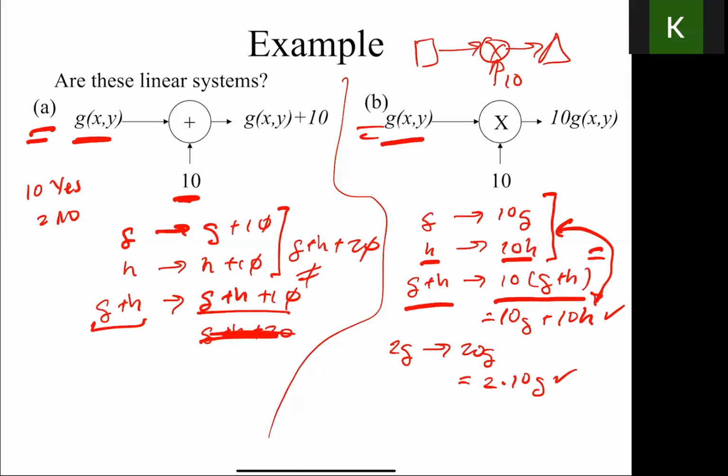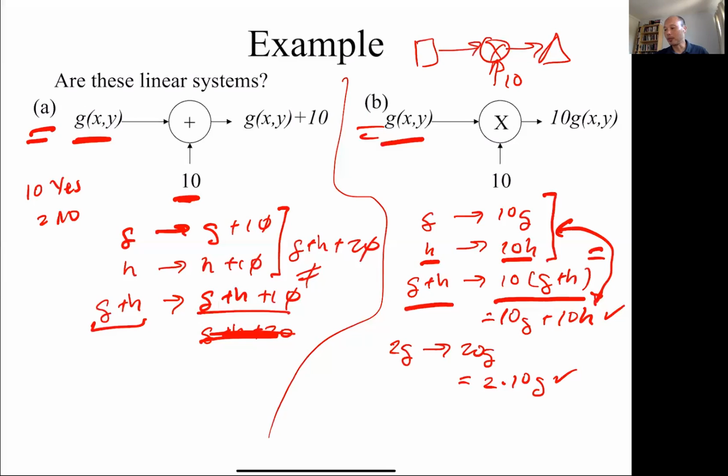Okay, why is it that when you put in 10, it gives you 10 times G? Or when I put in G, I get 10G, right? Oh, but 10 is just showing that you're multiplying it by 10. That's all it is. Yes, that's right.